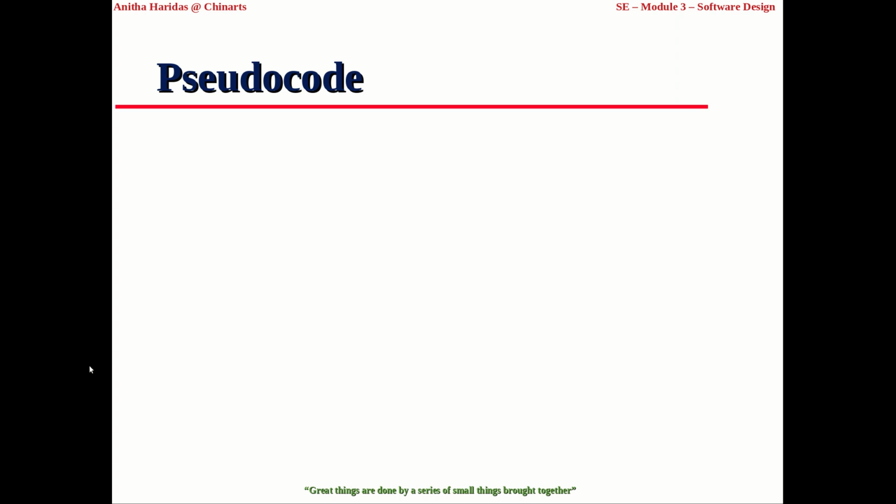We have already covered what is a data flow diagram, what is data dictionary, how data dictionary is used to give details on the data flow diagrams, and we have also seen how a structure chart must be designed. Now the next notation used for function oriented design is what you call as pseudocode.